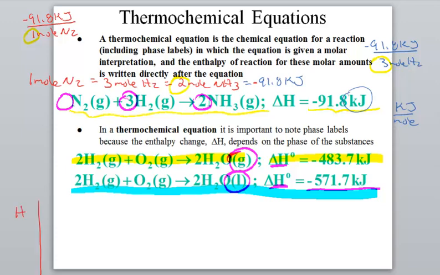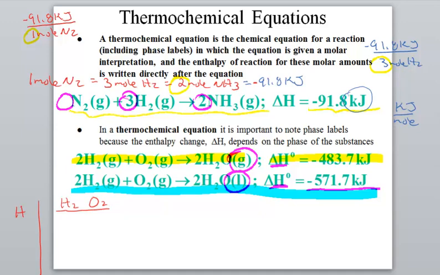So H, what's the enthalpy of the reactants? Our reactants are hydrogen and oxygen, and they start at some H value. Again, it's relative, but somewhere up here is the enthalpy of our hydrogen and oxygen.